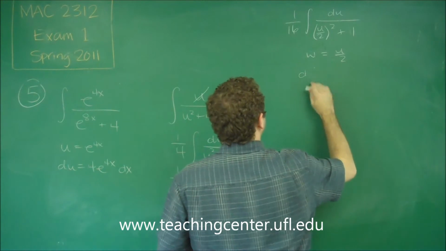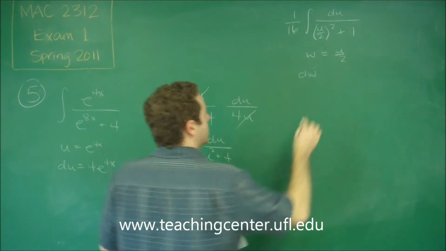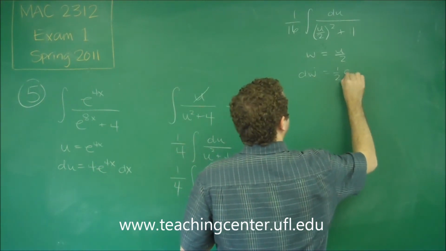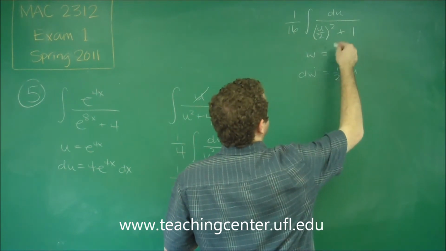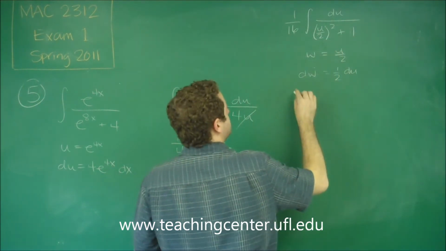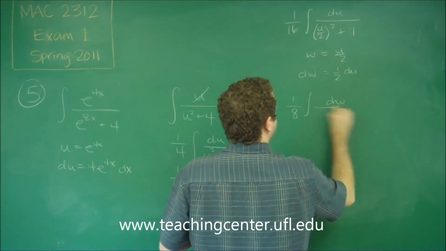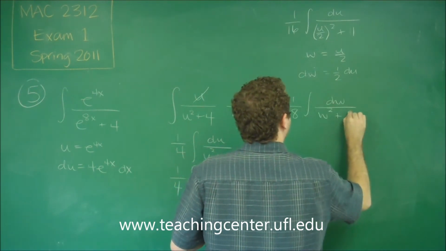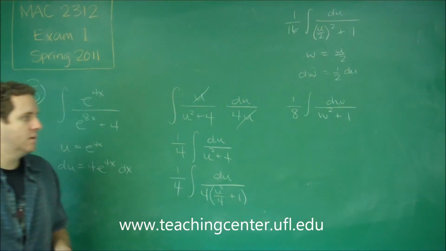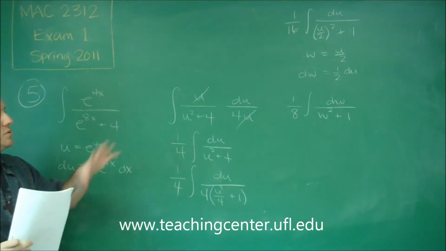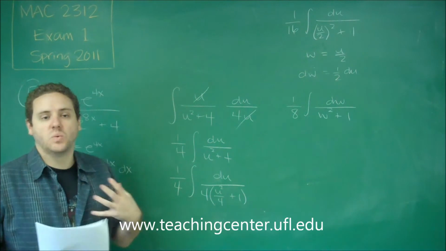So this is just 1/2 du, and of course du then is just 2 dw. So in doing 2 substitutions, we're just going to have to plug back in twice.